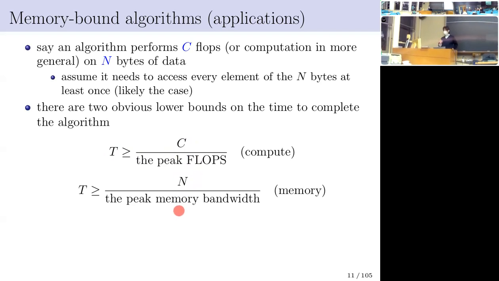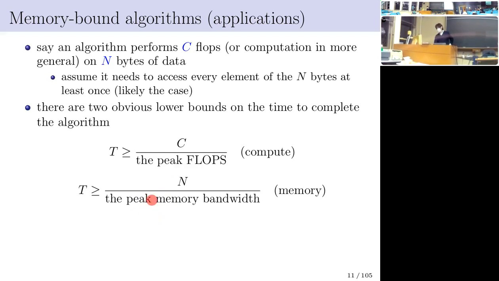Because n is much larger than the cache, which we are assuming, most, if not all, of this data must come from the main memory to the processor.